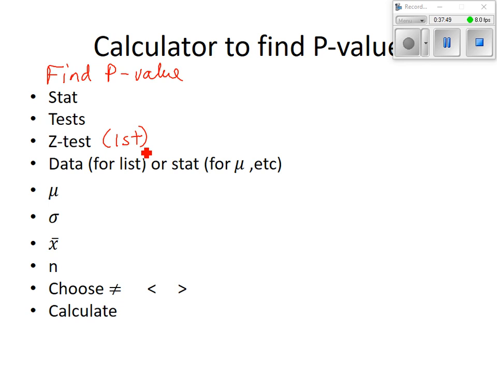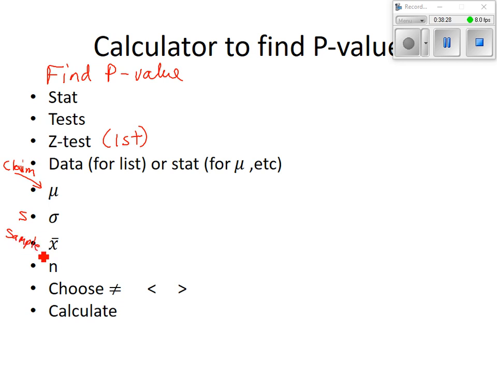If you put in a list, then you want to highlight data. If you're putting in the other stuff, if they tell you the stats like a normal problem, then you're just going to highlight stats and put in the mean, standard deviation, which again is probably going to end up being S instead of sigma. The mean comes from the claim, whatever the claim is. Your X bar comes from your sample.